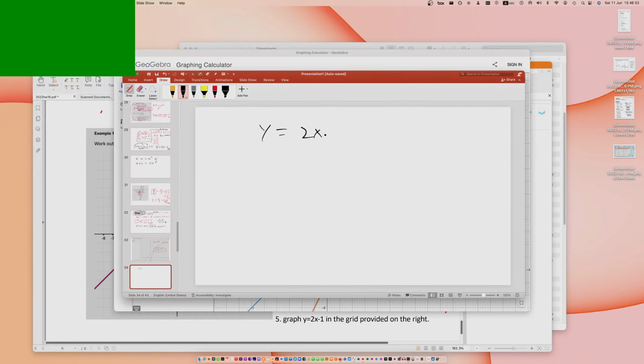Y equals 2x minus 1. The other one, y equals x plus 3. But this is what format? Y equals mx plus c format. What's the benefit of writing in this y equals mx plus c format?